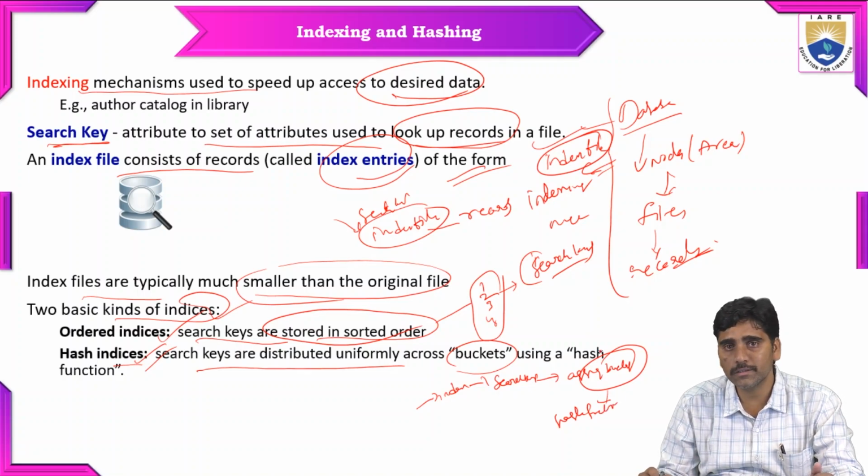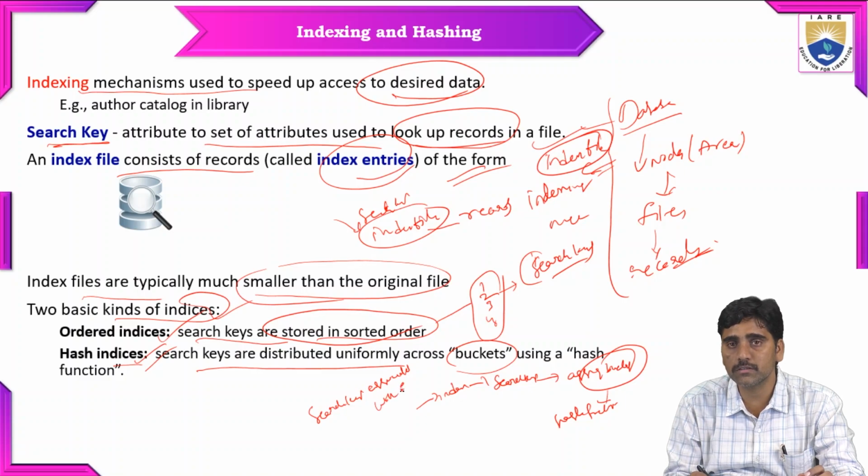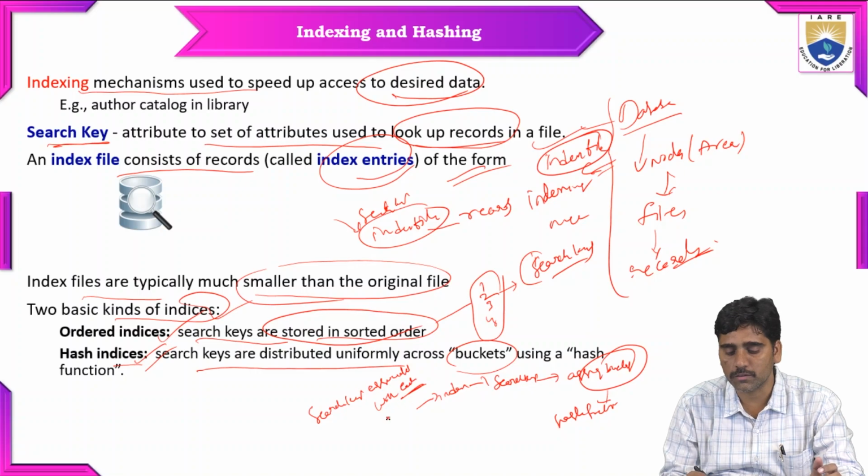In ordered indices, the index file contains search keys that are stored in ascending order. But in hash indices, each search key is associated with a bucket, so it maintains a hash function also.